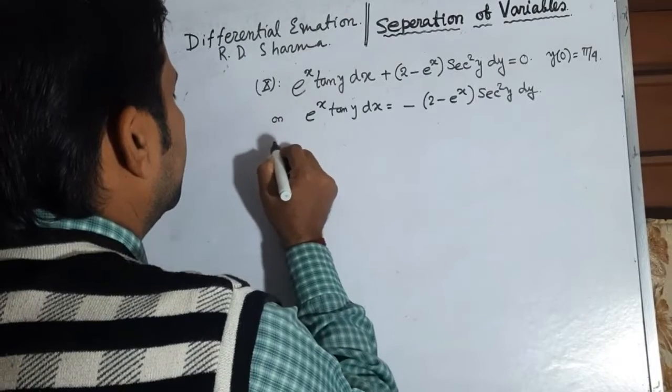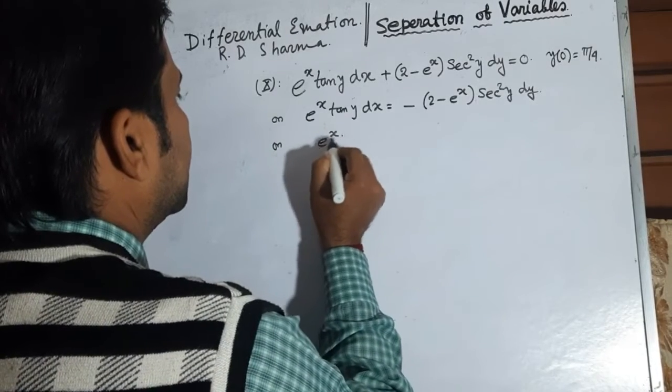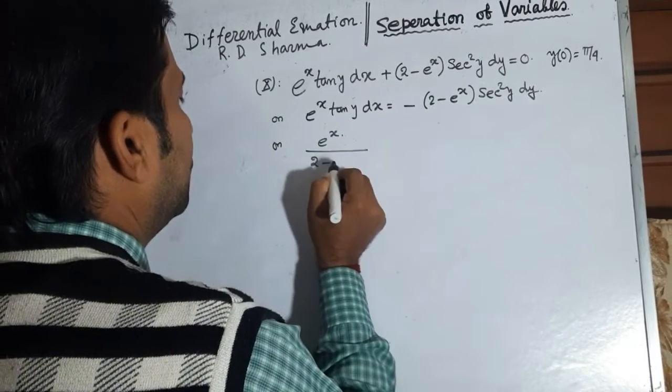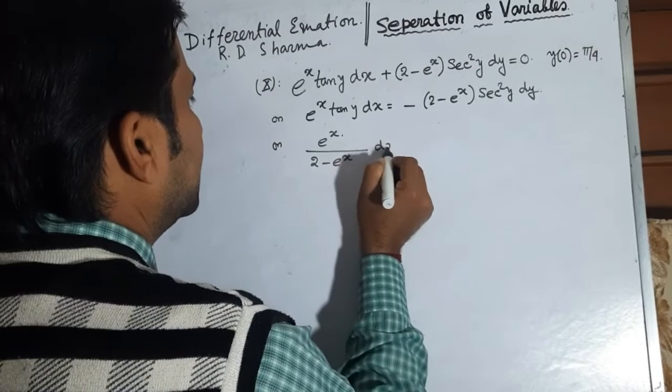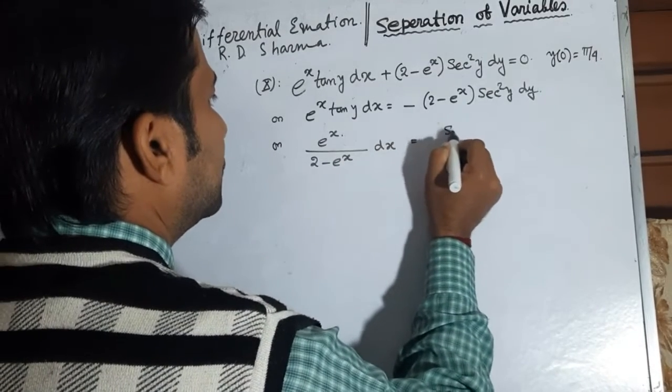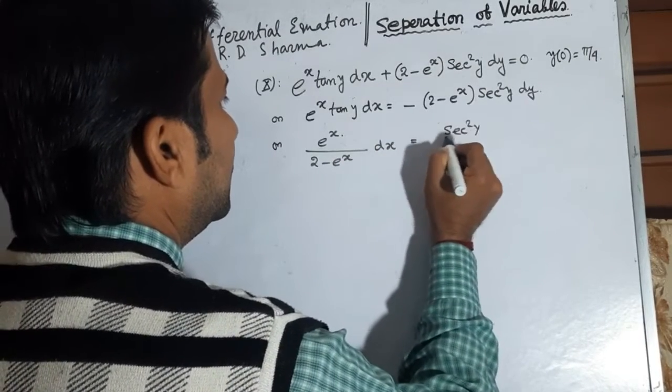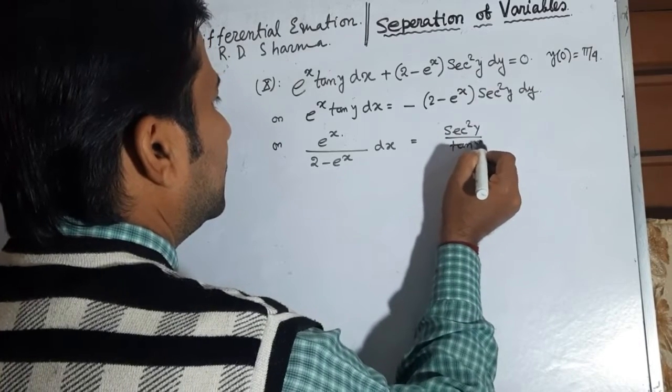or e to the power x by (2 minus e to the power x) dx is equal to minus sec square y by tan y dy.